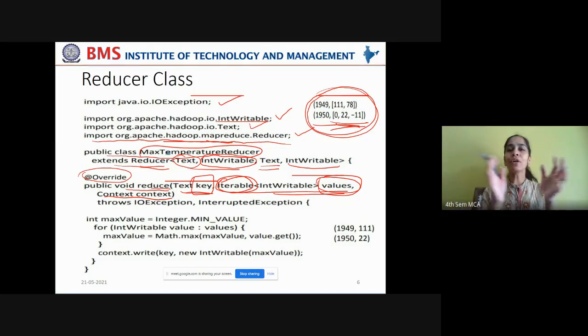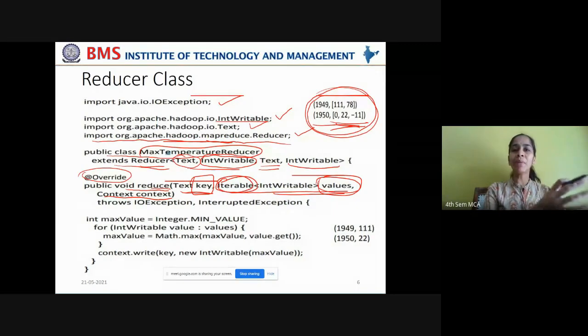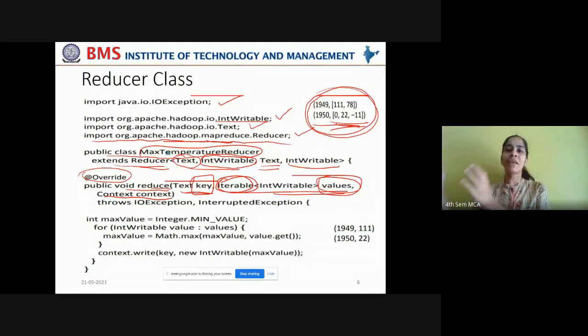So in order to communicate between the map phase and the reducer phase and to the client, you have to have a communicator, a package which goes between all these phases. That package is this context, right? So you are passing another context object to the reduce function. And as usual, this may throw IOException and InterruptedException.